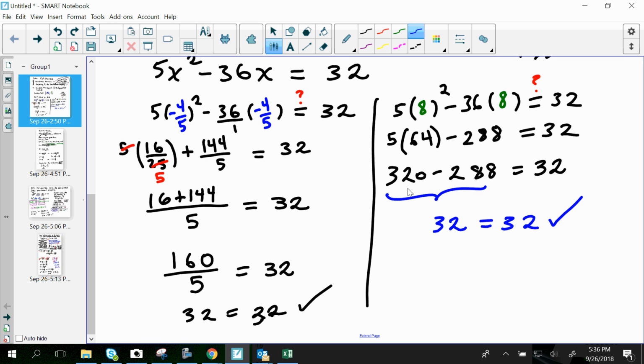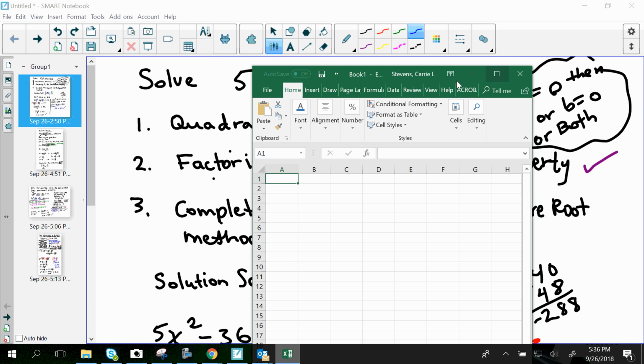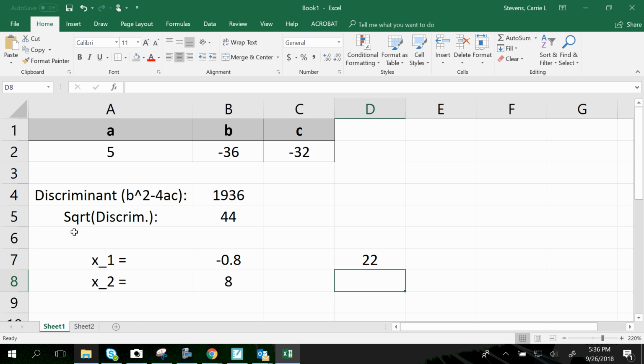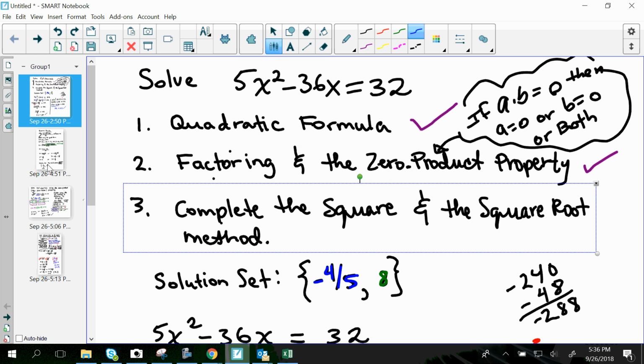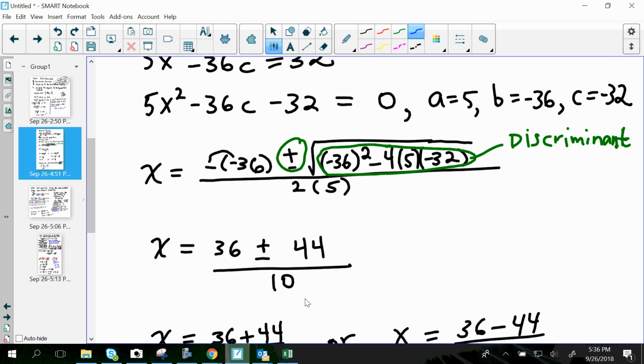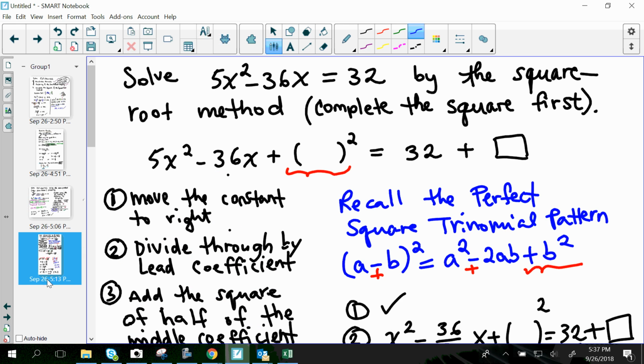All right, so that completes the whole process. What did we do? We solved this quadratic equation 3 different ways. We also programmed our own quadratic equation solver and checked our answers using that. We also, by solving it 3 different ways, confirmed that we got the same answer every time, same solution set every time. We covered a lot here.